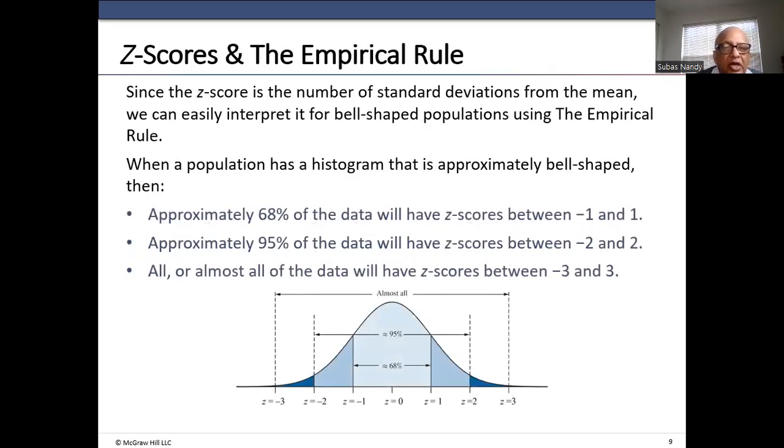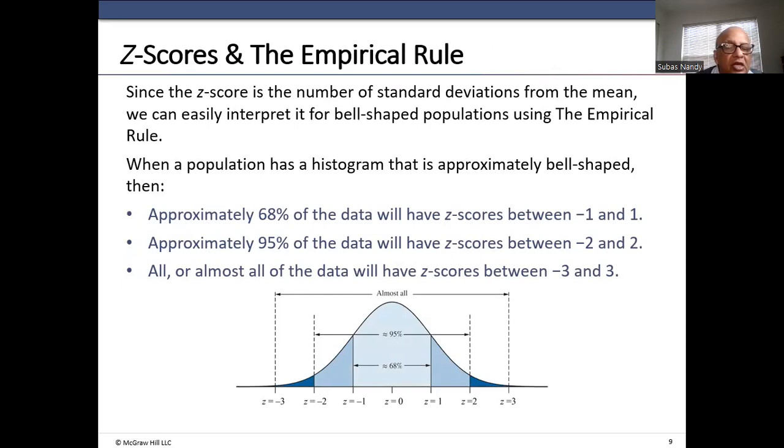Now the empirical rule. Remember for a standard normal curve, at the center where the peak is the highest, on the horizontal axis, Z is equal to 0. In this standard normal curve, the mean is 0 and the standard deviation is 1. If your Z-score is 1, you are 1 standard deviation above the mean. If your Z-score is -1, you're 1 standard deviation below the mean.